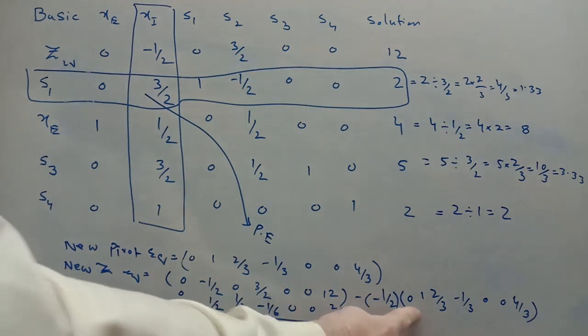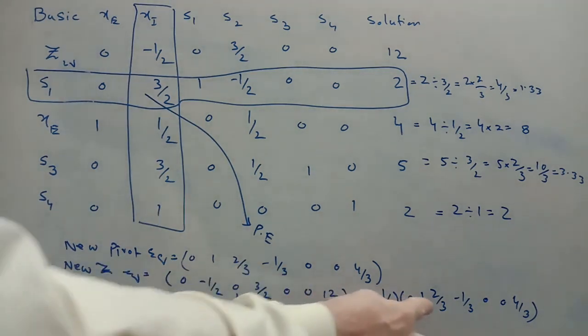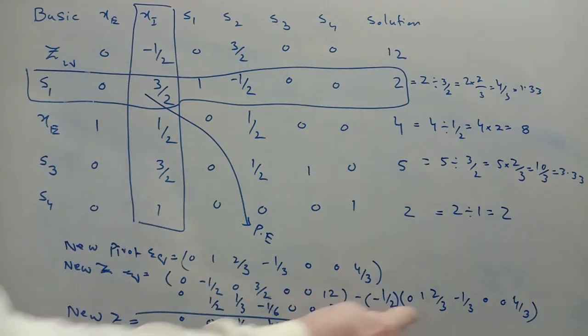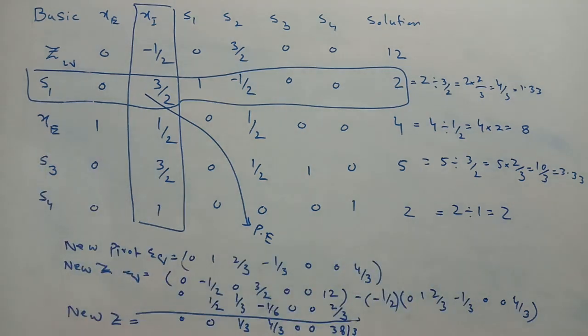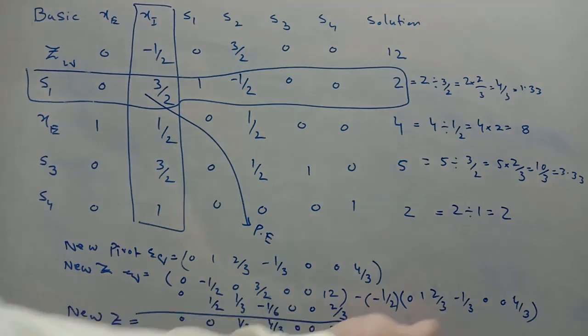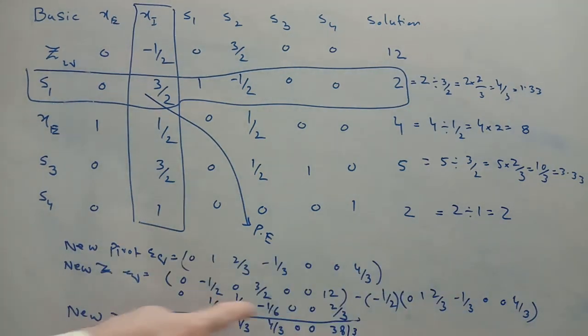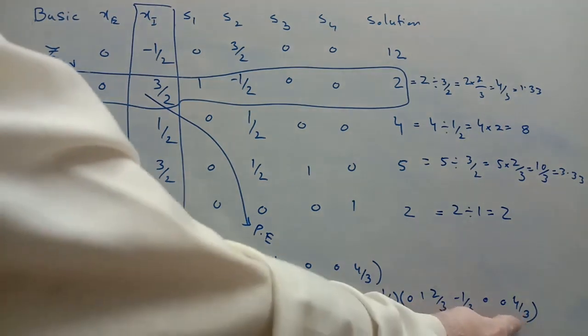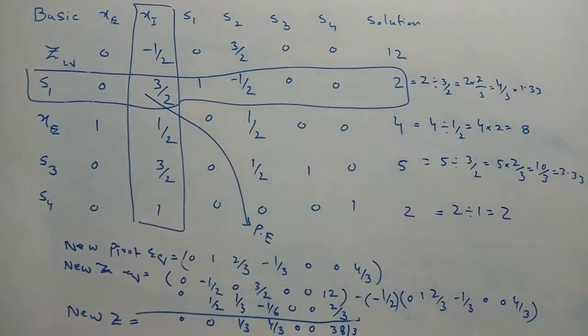So 1/2 into 0, 0; 1/2 into 1, 1/2; 1/2 into 2/3, 2 gets cancelled, 1/3; 1/2 into minus 1/3, it will be minus 1/6; 0, 0; and 1/2 into 4/3, 2 gets cancelled, so it will be 2/3 positive.